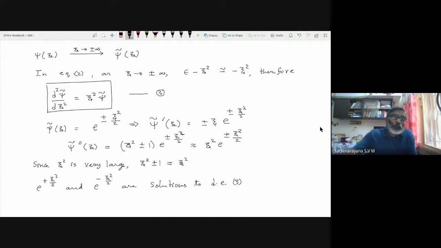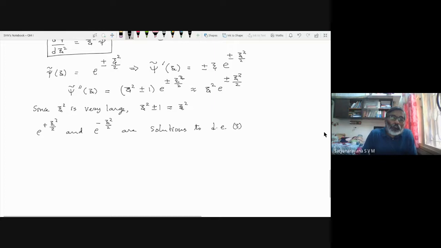The most general solution I would have to write: psi tilde of xi can be written as some c1 times e to the power xi square by 2 plus c2 times e to the power minus xi square by 2, where c1 and c2 are constants.